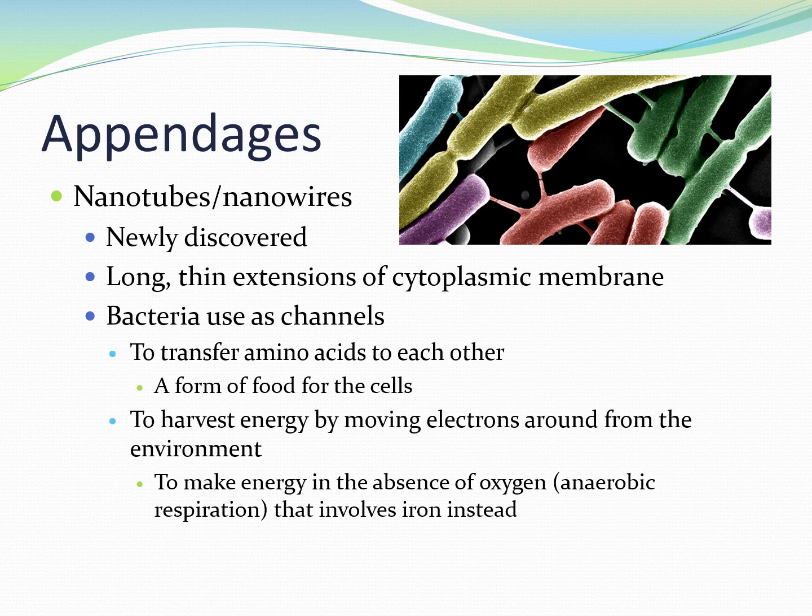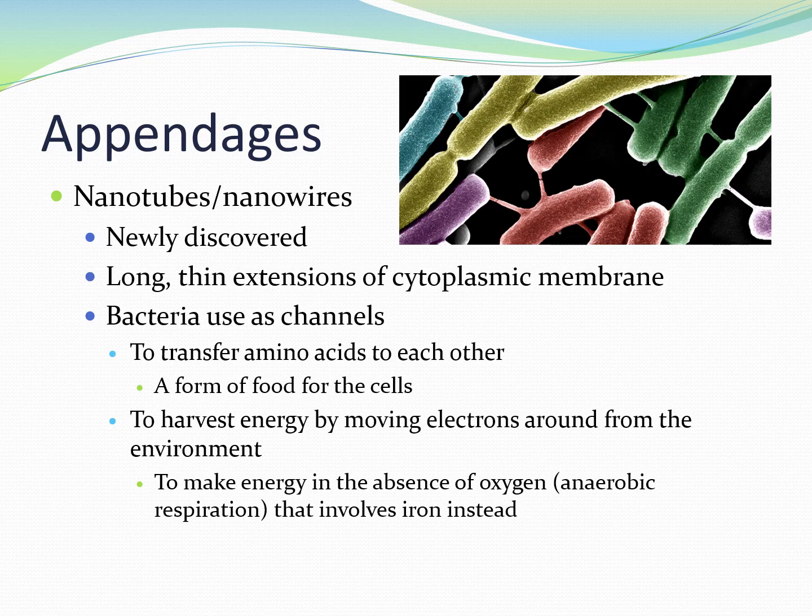Now, the last appendage that we have is going to be the nanotubes or nanowires. These are really recently discovered, so we're still learning their function and what they're used for, but what we can get thus far is, one, they're made of cytoplasmic membrane from inside of the cell. They're used as channels from one bacterium to the next in order to transfer things like amino acids, which for bacteria are like a form of food.